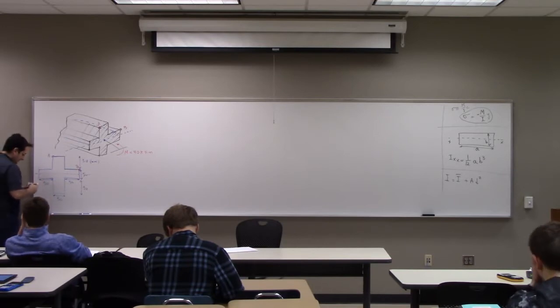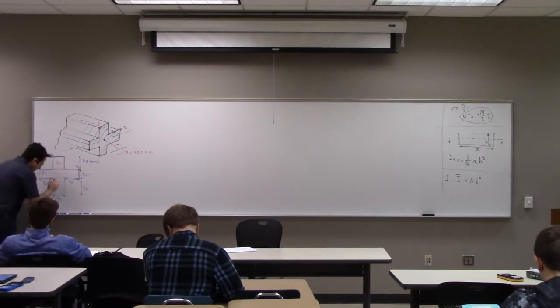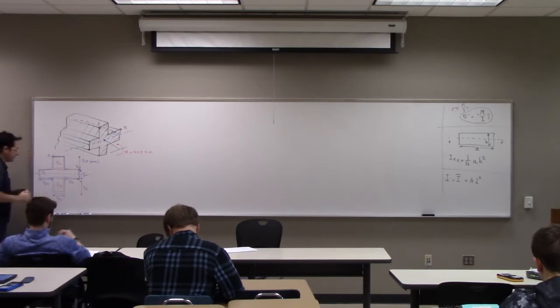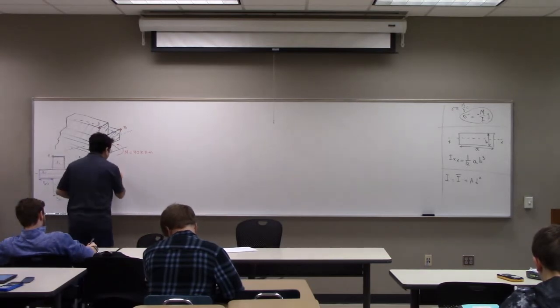The way I prefer is the method that you take this as A, let's say A1. Take this, A2. And this one, A3. So you break it down into 3 areas.